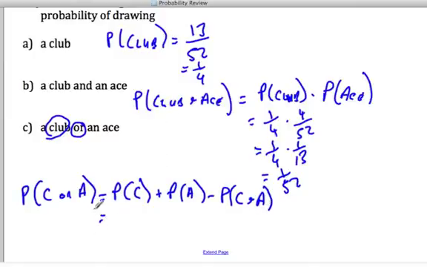So as we said before, the probability of drawing a club is 13/52. The probability of drawing an ace is 4/52. Minus the probability of drawing a club and an ace, which is 1/52.